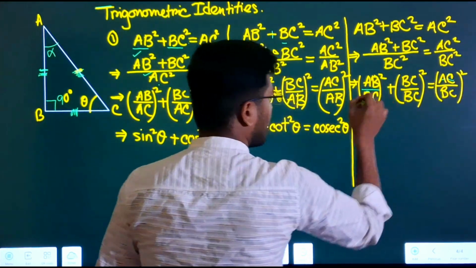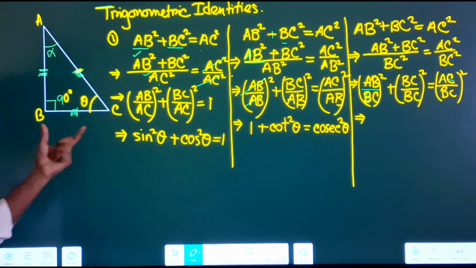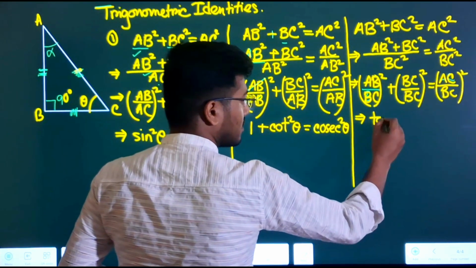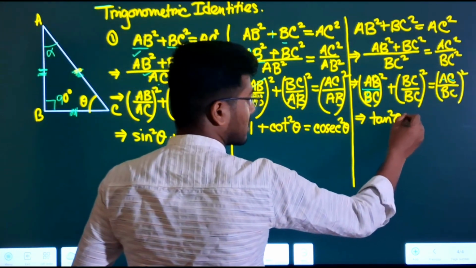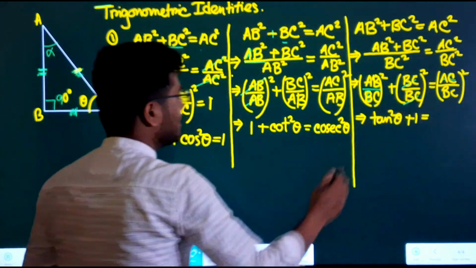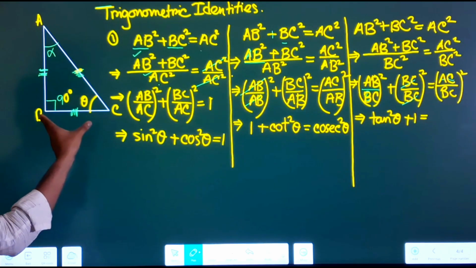What is the answer? AB by BC: AB means perpendicular, BC means base. Perpendicular by base is tan theta, so tan square theta plus BC cut it, so 1. AC by BC: AC means hypotenuse, BC means base.